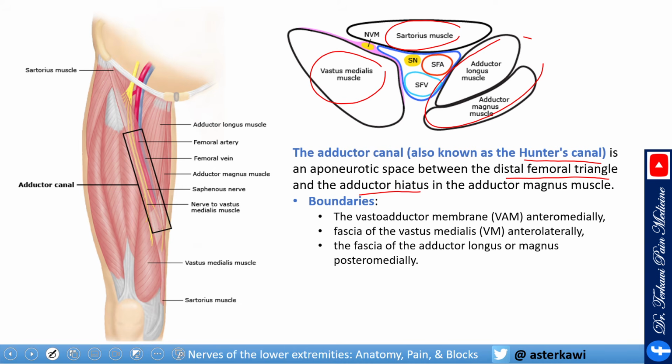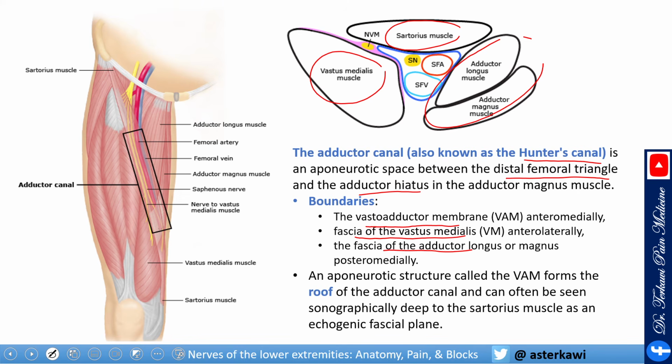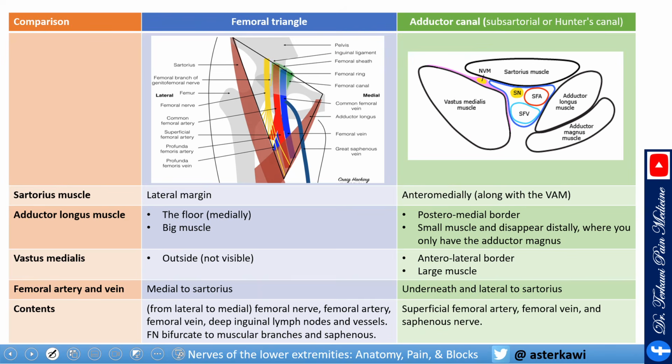If you want to be more specific, you have the vastoadductor membrane anteromedially. You have the fascia of the vastus medialis anterolaterally, and you have the fascia of the adductor longus and magnus posteromedially. An aponeurotic structure called the vastoadductor membrane forms the roof of the adductor canal. This is also important when we start to talk about the block.